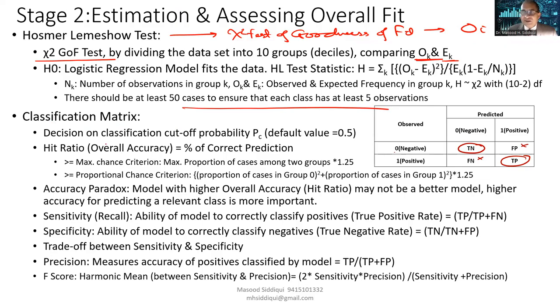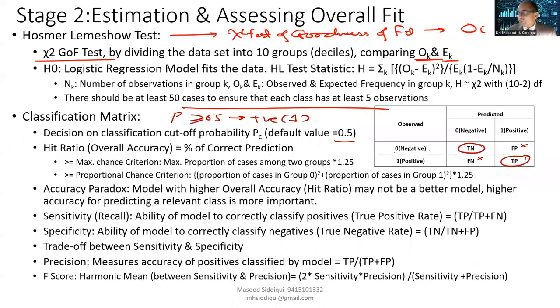Now, before starting that, how is it being done? It is a decision on the basis of the cutoff probability. Normally, the default cutoff probability is 0.5. If we have a probability value greater than 0.5, it is put in the positive box, or the 1. And if the values are less than 0.5, it is put as the negative.